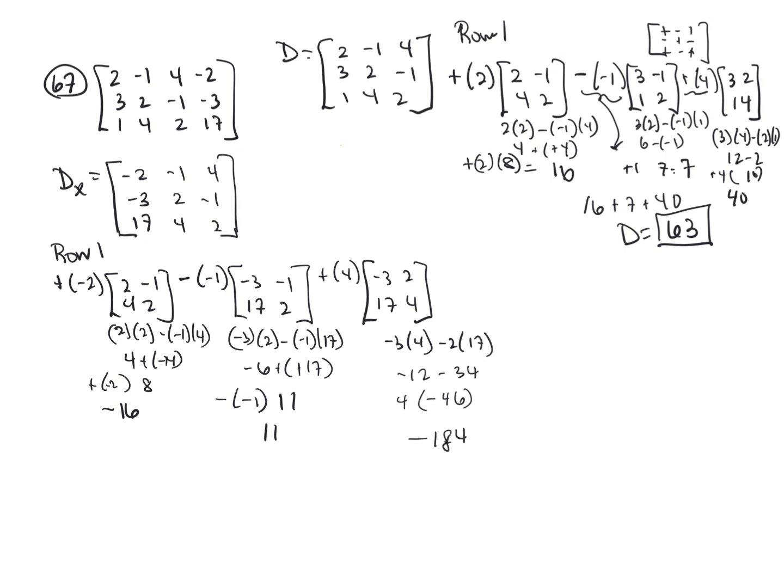All right, then we're going to add all these together, so negative 16 plus 11 minus 184 is negative 189. Okay, so if we wanted to find x, we have d sub x divided by d. d sub x we just figured out is negative 189. We're going to divide that by 63, and negative 189 divided by 63 is negative 3. So after all that work, we find out that x is negative 3. Lucky us.